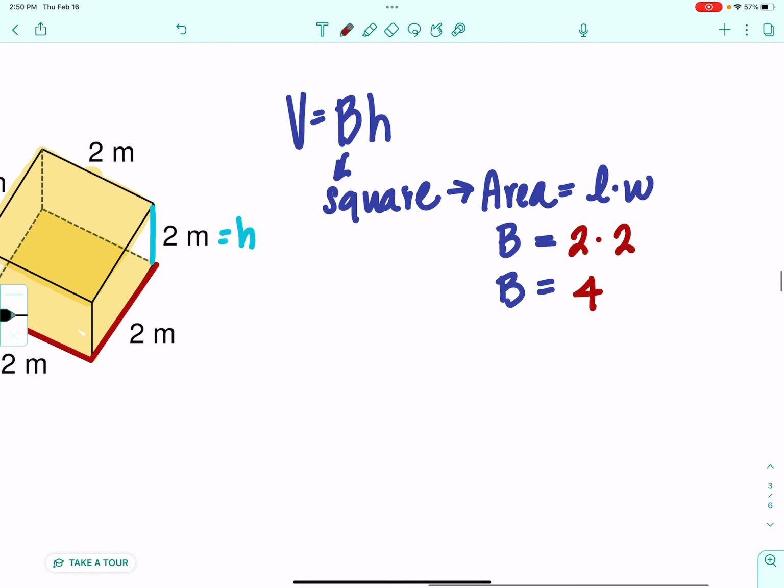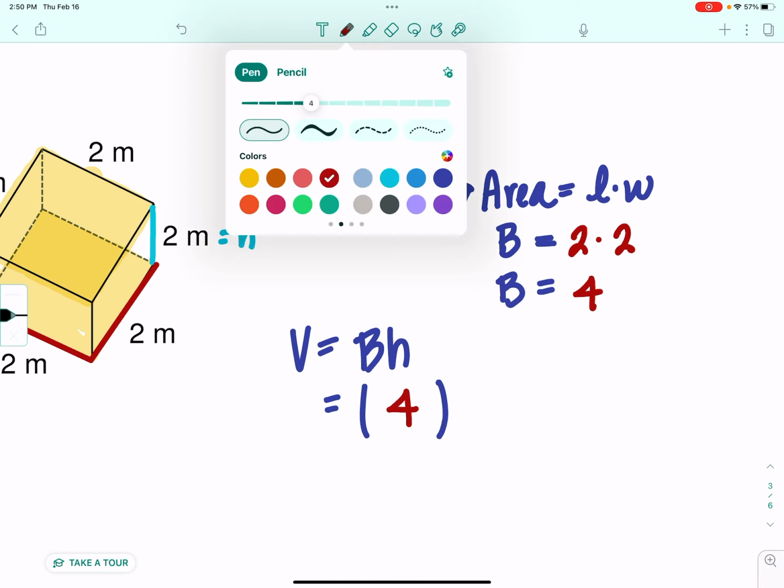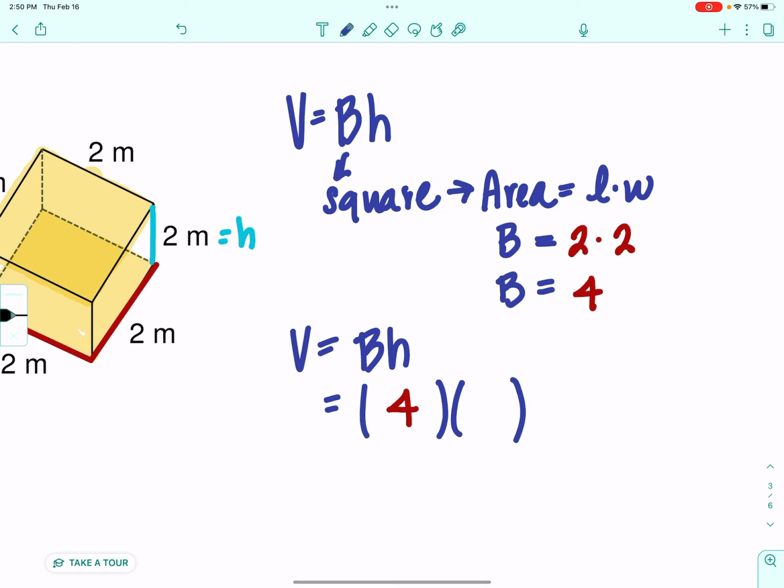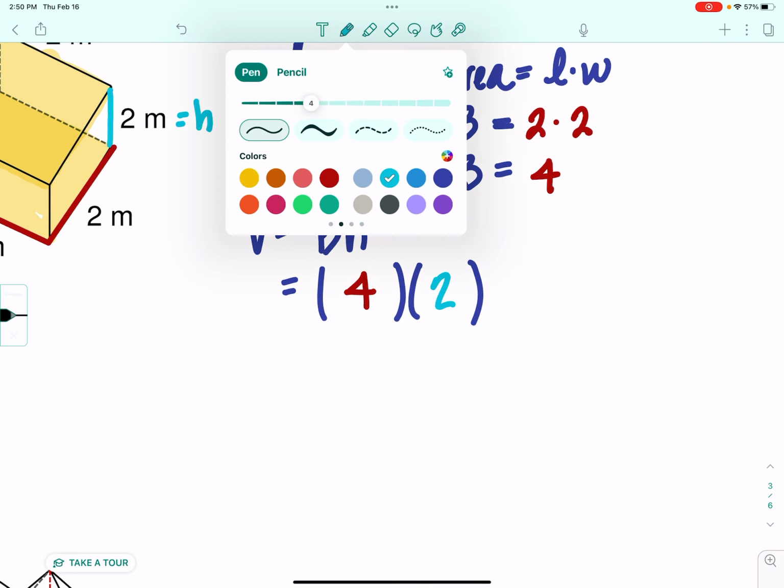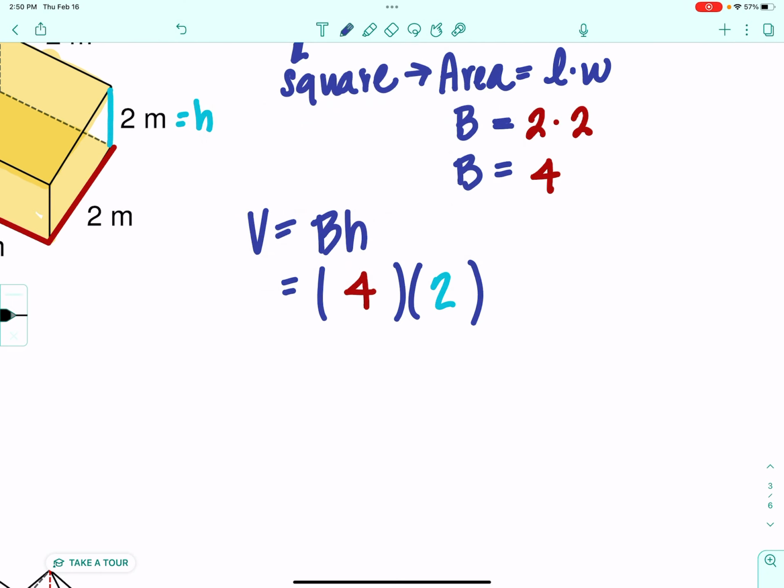I'm going to take that information and go back to my volume formula now. I can substitute the 4 for the capital B. And we already found little h. Little h was the distance between the bases. That was 2. When I multiply, I know 4 times 2 is 8. I don't need Desmos for that part.